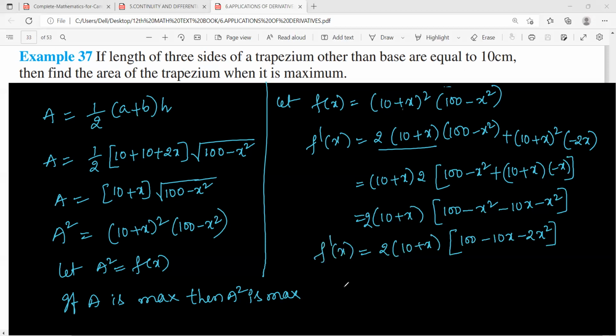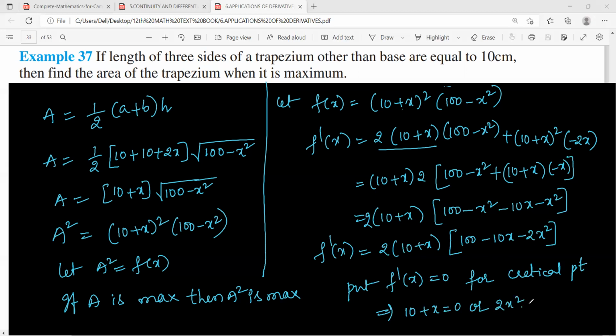So further, what should we do? Put f dash of x equal to 0 to find the critical point. So for that, you get (10 plus x) is 0 or this one is 0, that is, 2x squared plus 10x minus 100 is 0.